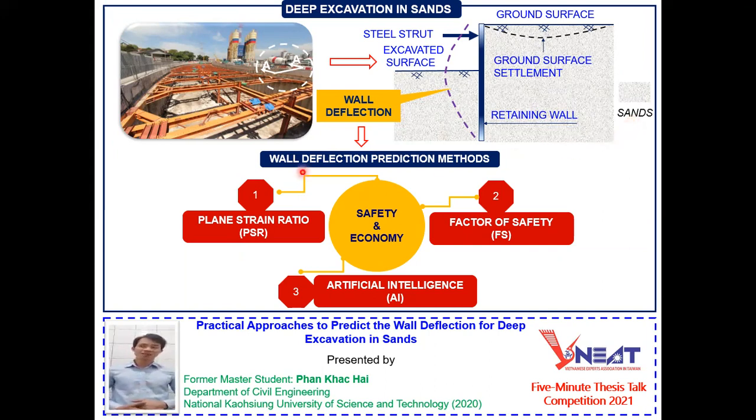To estimate the wall deflection, we established 3 independent methods, namely plane strain ratio, the factor of safety, and the artificial intelligence. Firstly, the plane strain ratio method could help engineers save time and energy during the process of numerical analysis.